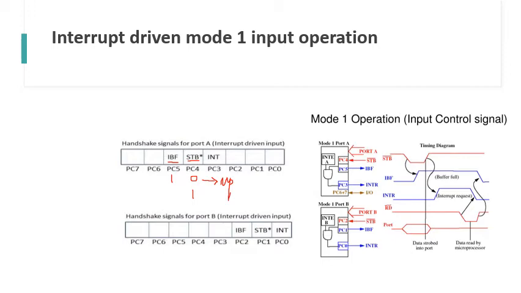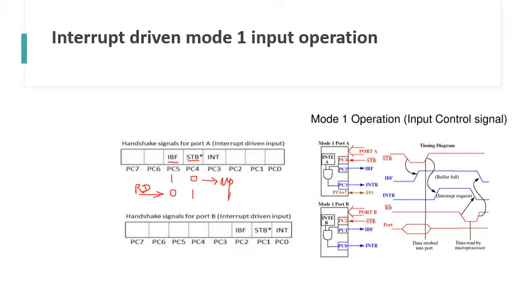It tells the microprocessor that there is new data to be read at the input port, and also tells the input device that there is unread data at the port, and if you write new data, the previous data may be lost. It goes low when the microprocessor reads the data. When the microprocessor reads something, at that time this input buffer full will become 0.